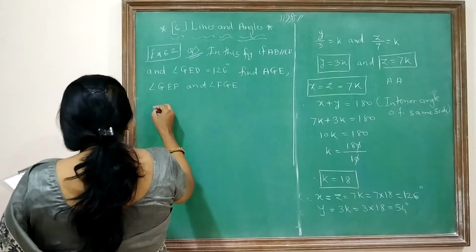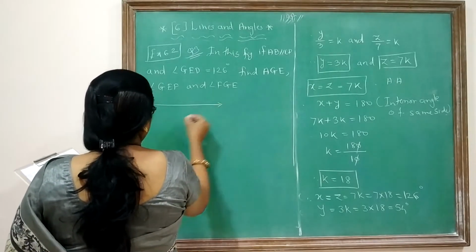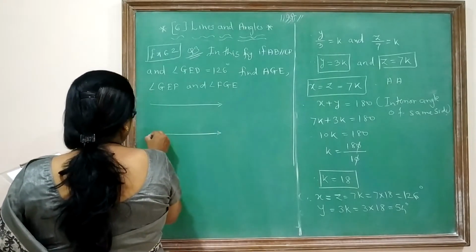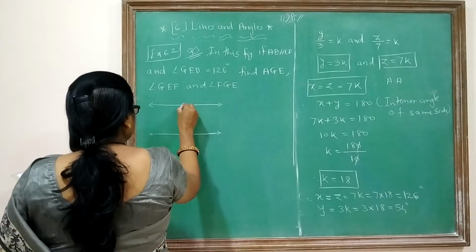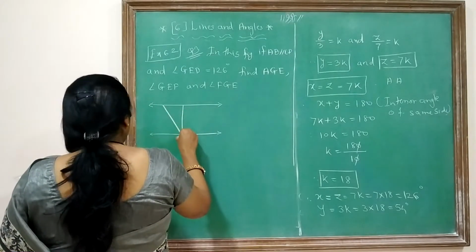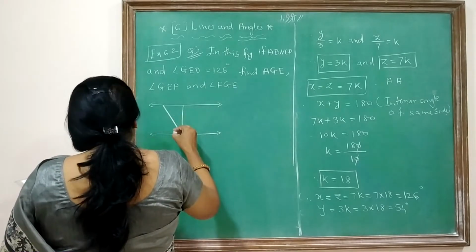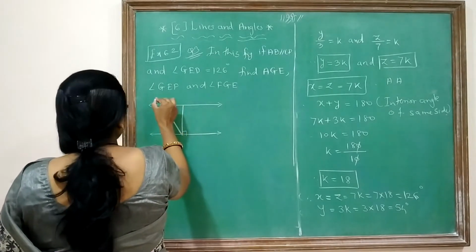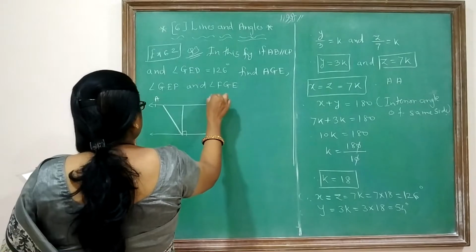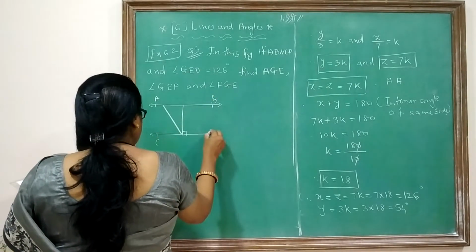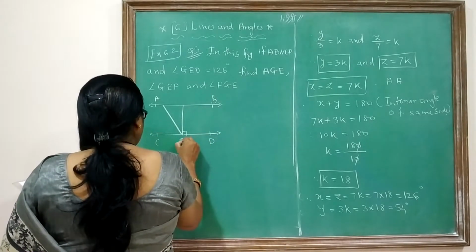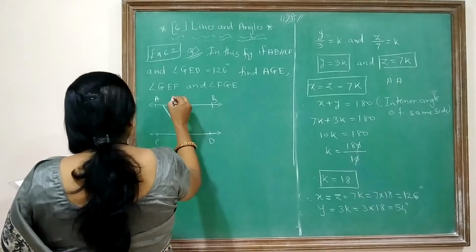Then here draw the diagram. This diagram is given in your textbook. This is A, this is B, this is C, this is D, E, F, G.